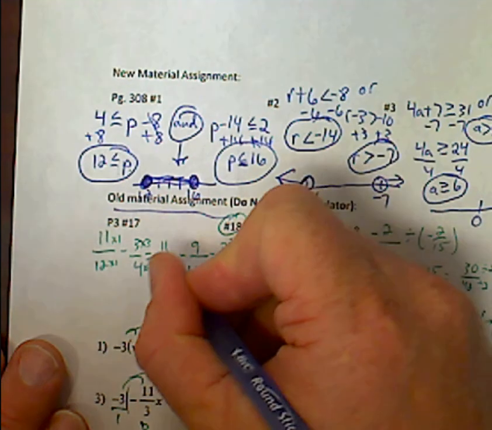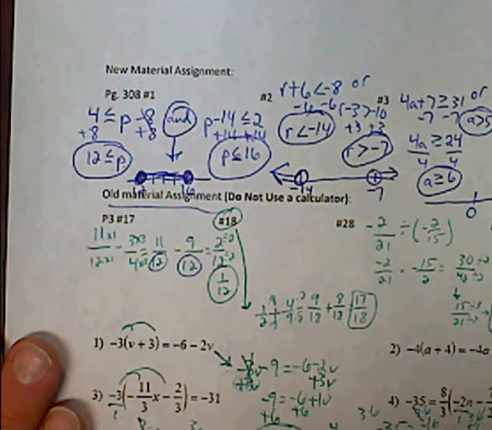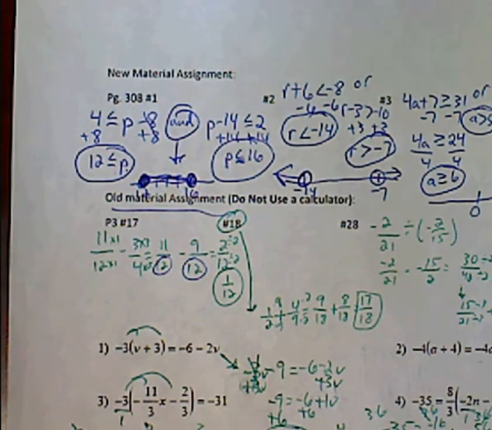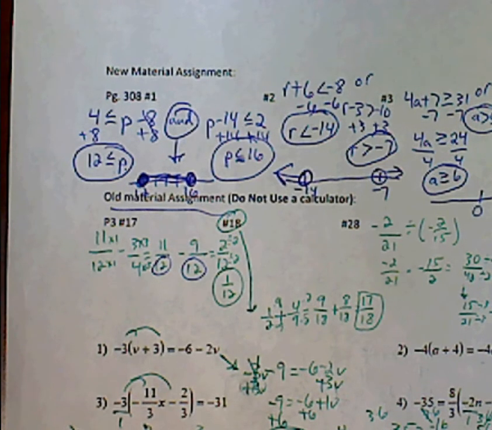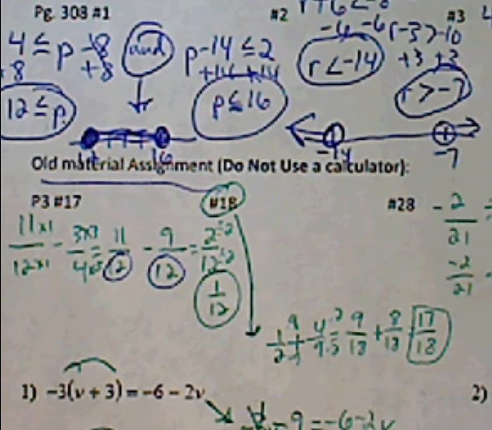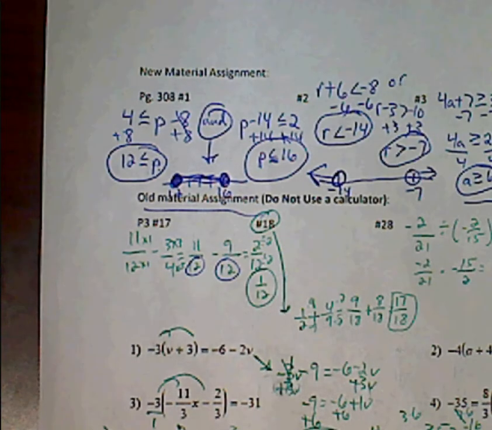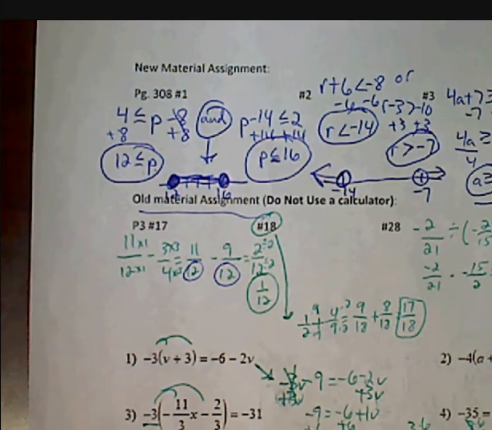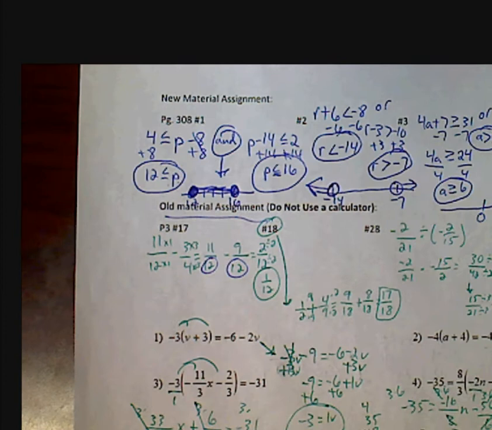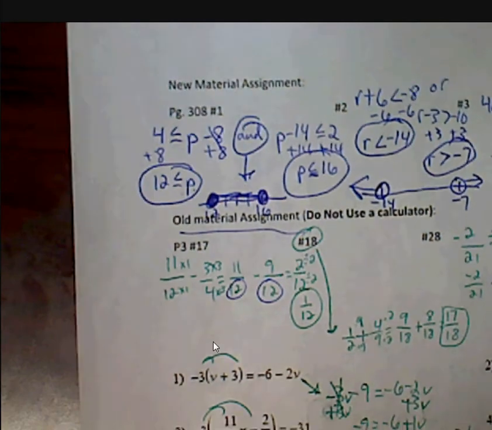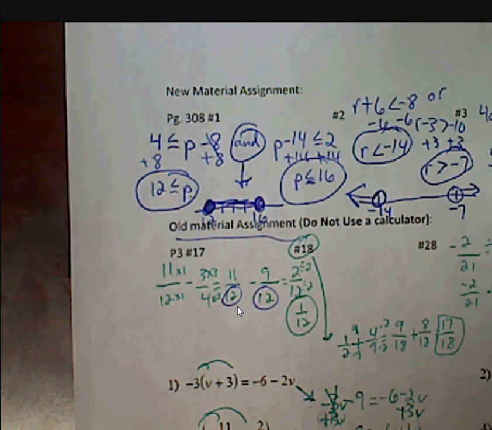You have to have a common denominator whenever you need to add or subtract fractions. So the common denominator between 12 and 4 would be 12. So my common denominator is 12.